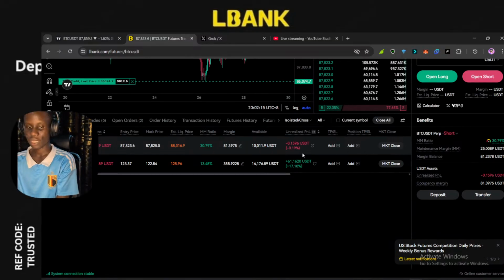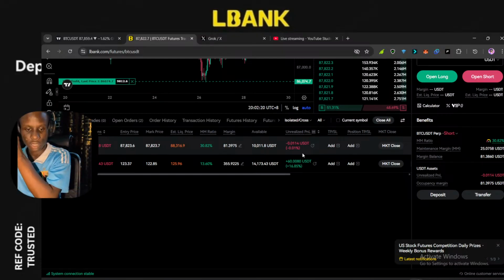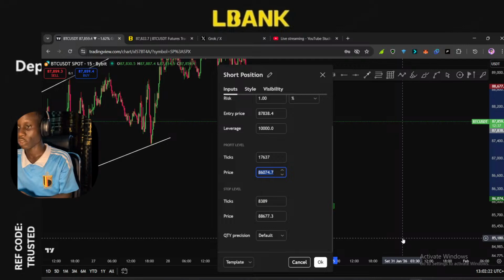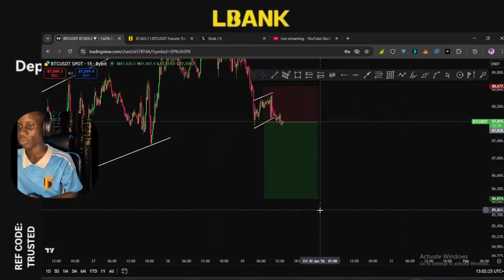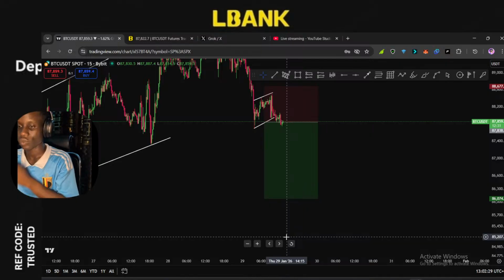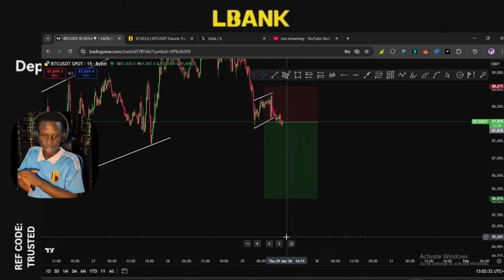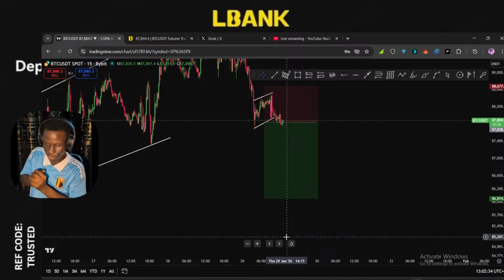So that's basically how to do your position sizing, stop loss placement, and your take profit strategy. I told you that your take profit should always be at the 90% rule of the reversal pattern that you are working with. Is that clear?